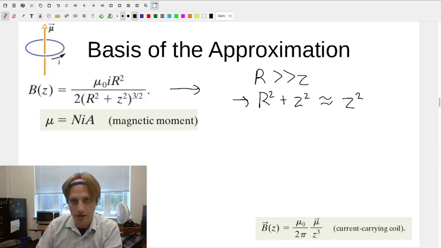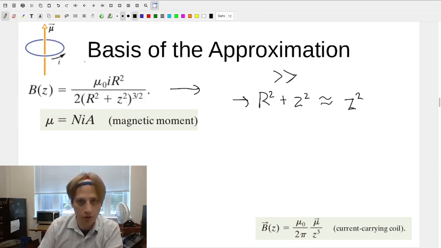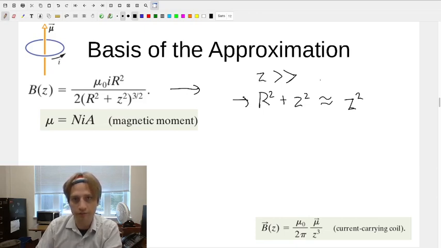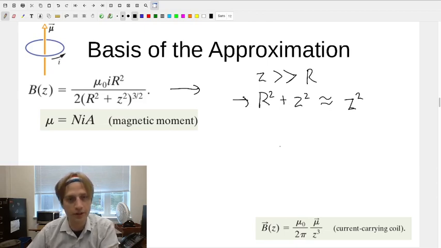Sorry, I have this backwards. If Z is much bigger than R, so we're thinking little loop, we're quite a far distance from it. If Z is much, much bigger than R, then R squared plus Z squared approximately just looks like Z squared.